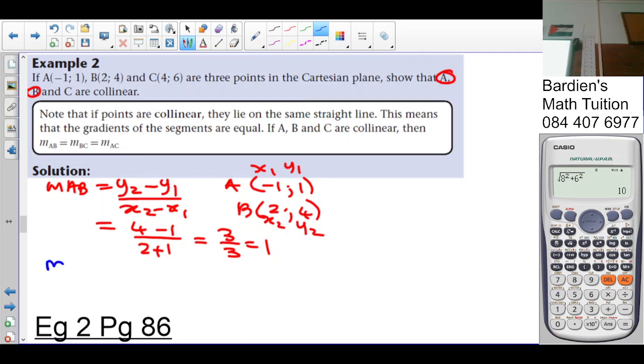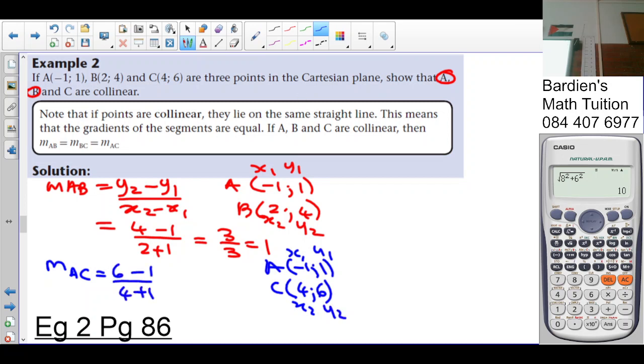The gradient of AC. Again, y2 minus y1, so A is negative 1 and 1, C is 4 and 6. It's x1, y1, x2, y2. So that's 6 minus 1 over 4 minus negative 1, which is again 5 over 5, which is 1. Can you see it's the same?